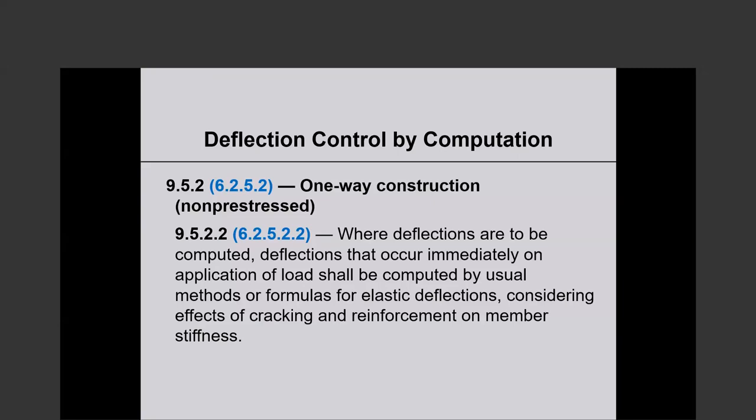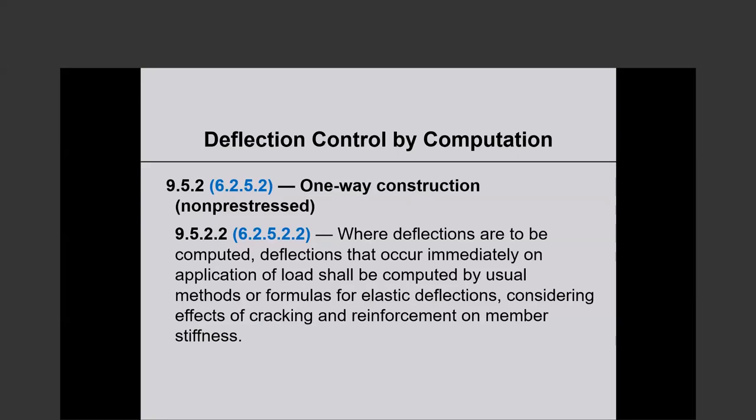This is far from exact, what we do. Anyway, where deflections are to be computed, deflections that occur immediately on application of load shall be computed by usual methods or formulas for elastic deflections, considering effects of cracking and reinforcement on member stiffness.